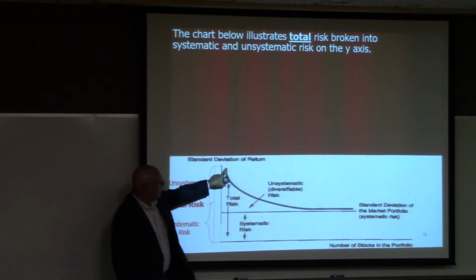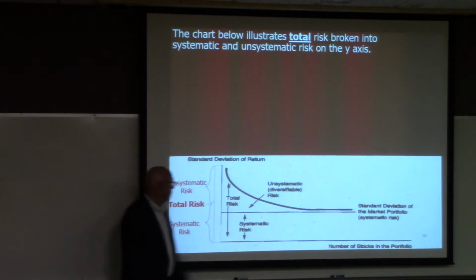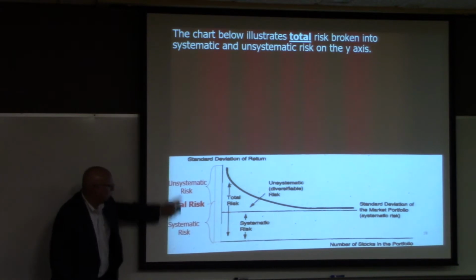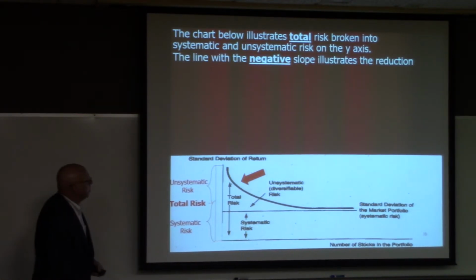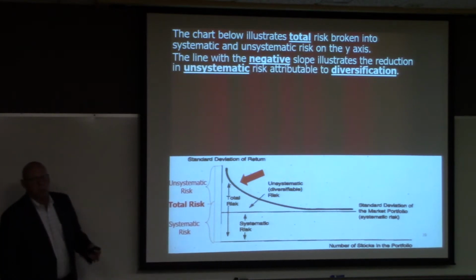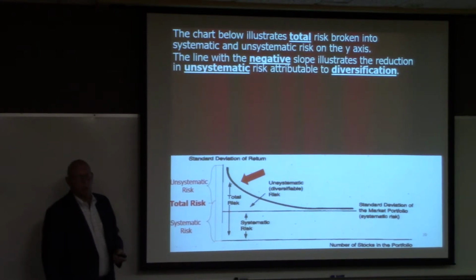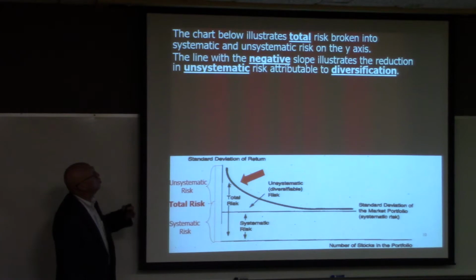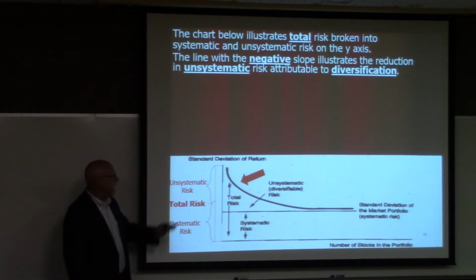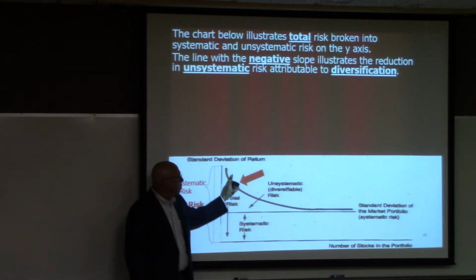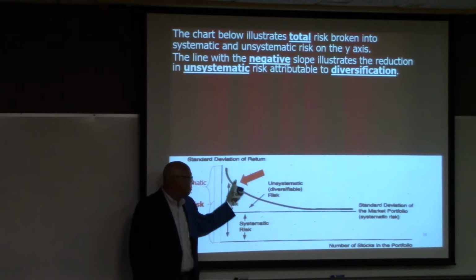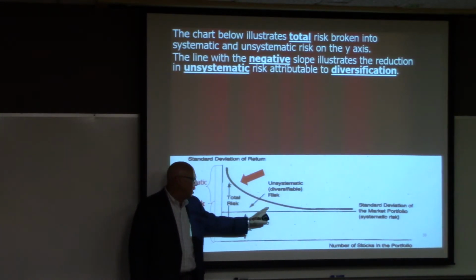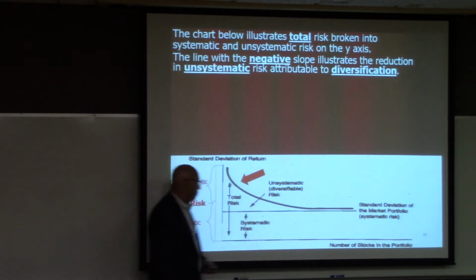And what we see through this curve, broken into systematic risk and unsystematic risk, the line with the negative slope illustrates the reduction in unsystematic risk that is attributable to diversification. As we add stocks, the unsystematic risk starts to drop very rapidly. It then flattens out, okay?